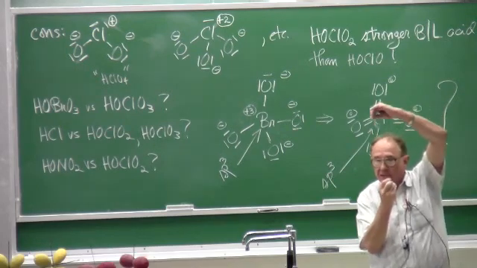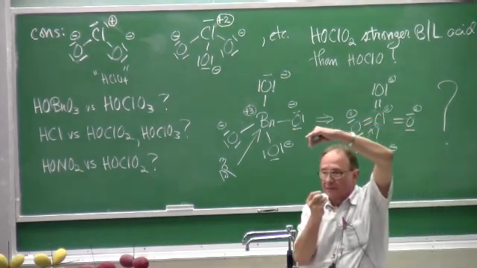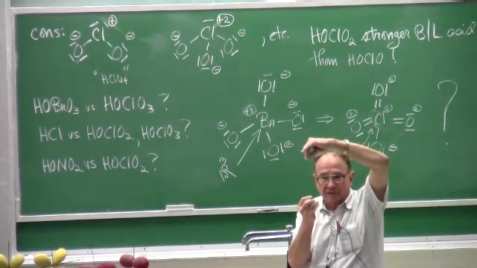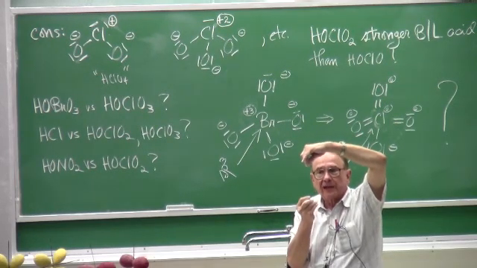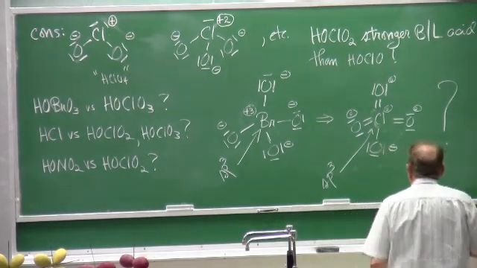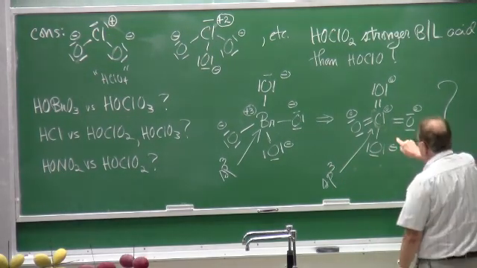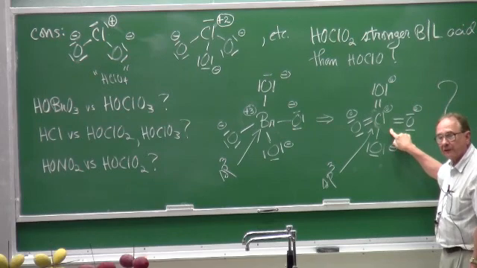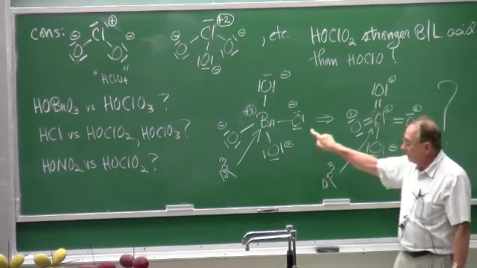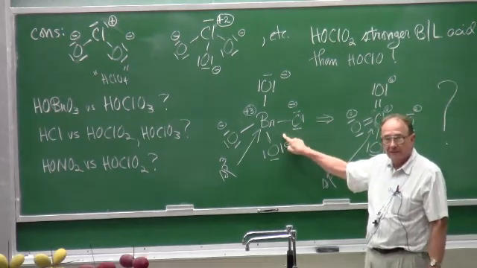Bromine, oxygen, 2 periods removed from each other. Chlorine, oxygen, only 1. So from a PMO standpoint, we can also argue why this is a more stable and therefore weaker and less reactive base than perbromate.